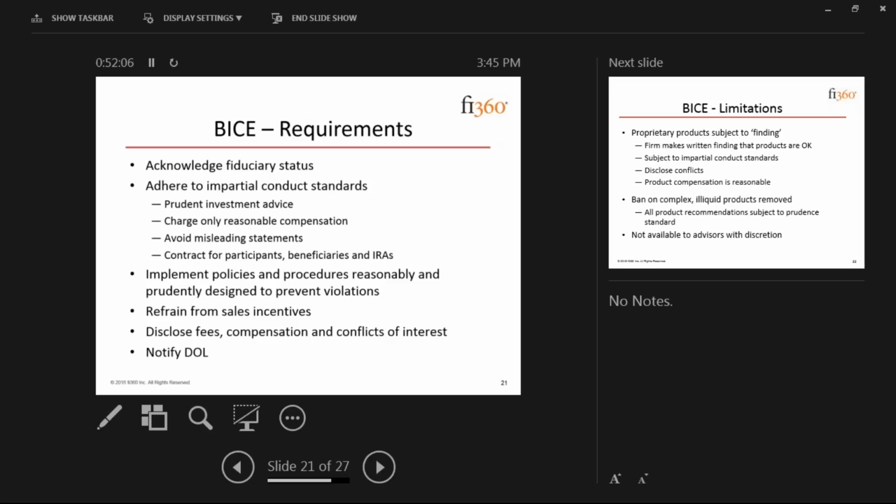So the firm needs to make a decision: are we going to operate under BICE or not? What I mean by that is the firms are wrestling with this as we speak, and I've spoken to and presented to a number of firms since the rule was passed in early April. But your brokerage firms, your insurance companies in particular, they need to decide, for the fiduciary accounts, which includes plans but now also includes your IRAs.